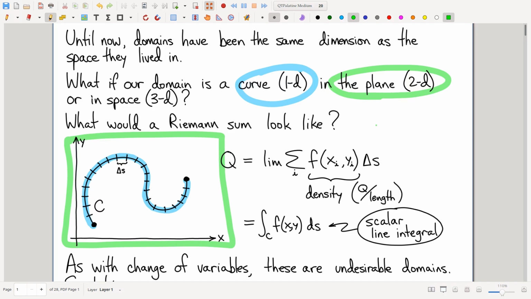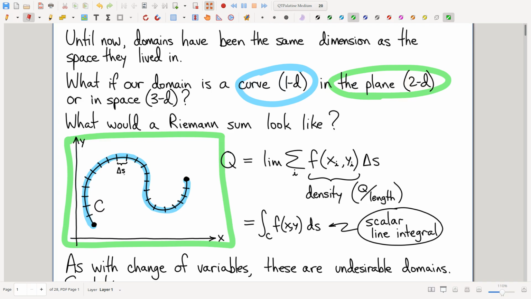Can I use my previous understanding of single variable integrals to add up this mass? No, because that would assume that my domain's just an interval. It's not. Look at it. It's all curvy and stuff. So our existing Riemann sums, our existing notions of integrals, they just don't fit. And we are out of luck. That make sense?